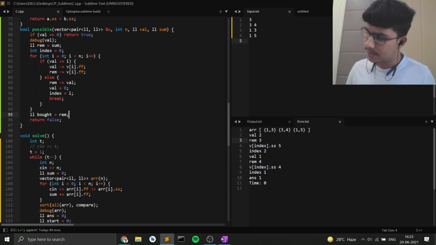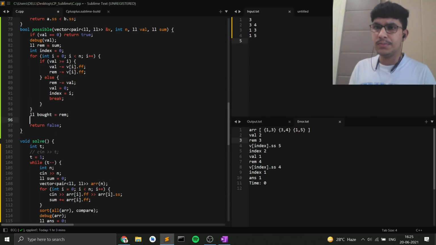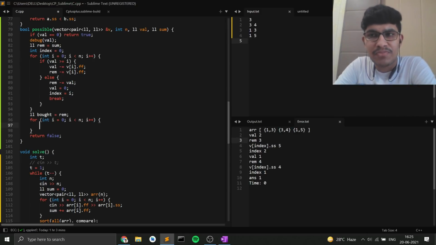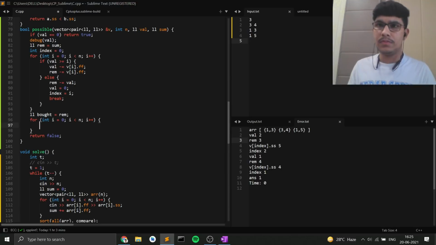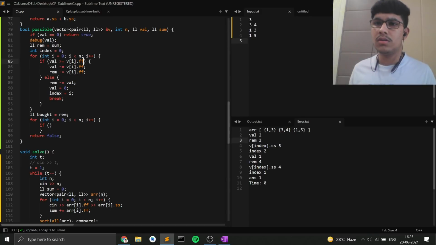So these are the items that I've already bought. Right. So this should have been v at I dot. So I don't need this index actually.